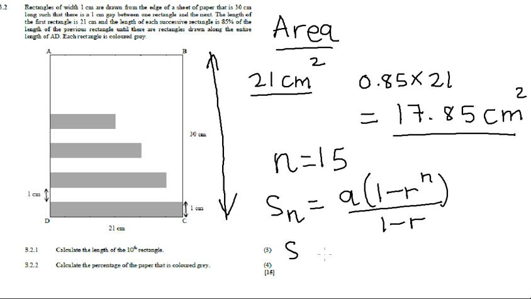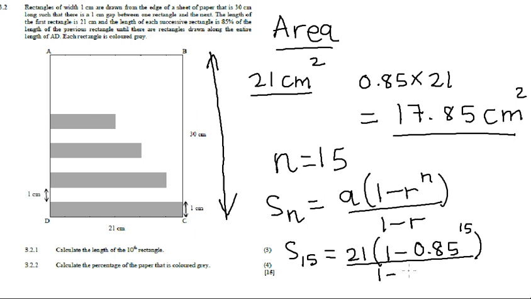So S15 is equal to A, the first area, which is 21, into 1 minus the common ratio 0.85, all to the power n, which is 15, all over 1 minus r, and r is again 0.85.